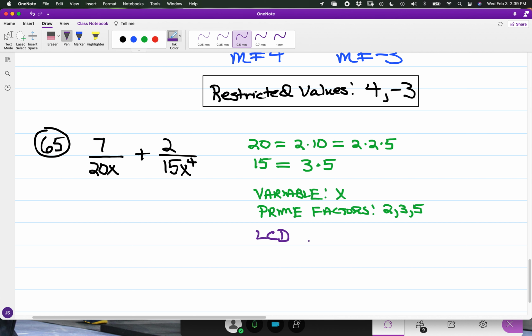For the least common denominator, 2 does not appear at all from 15, but it appears twice from factoring 20, so you have a couple of 2's.